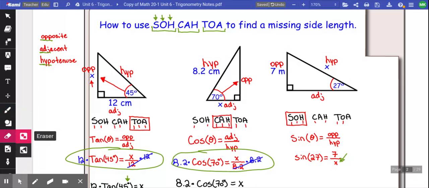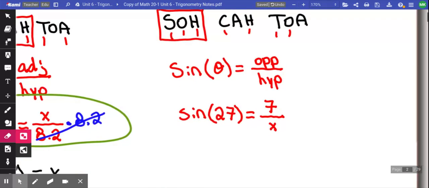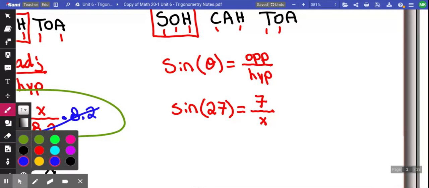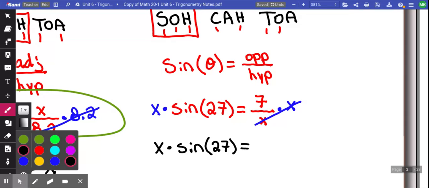So to get x by itself, I first have to get it off the bottom of the fraction. To do that, I have to multiply x to the other side. This gets the x off the bottom of the fraction, and I now have x times sine of 27 equals 7.